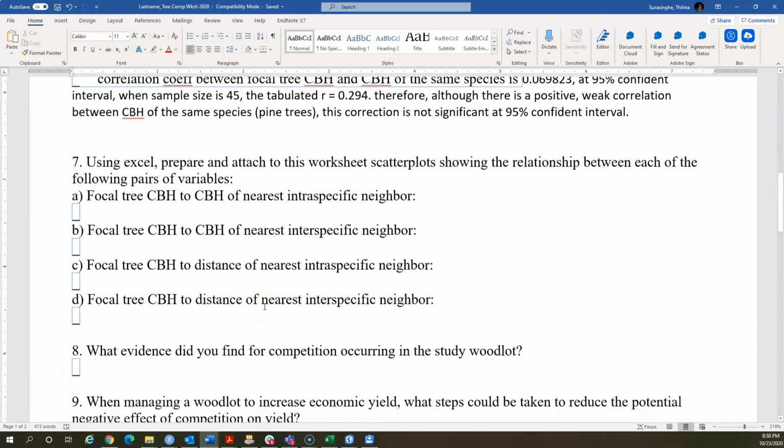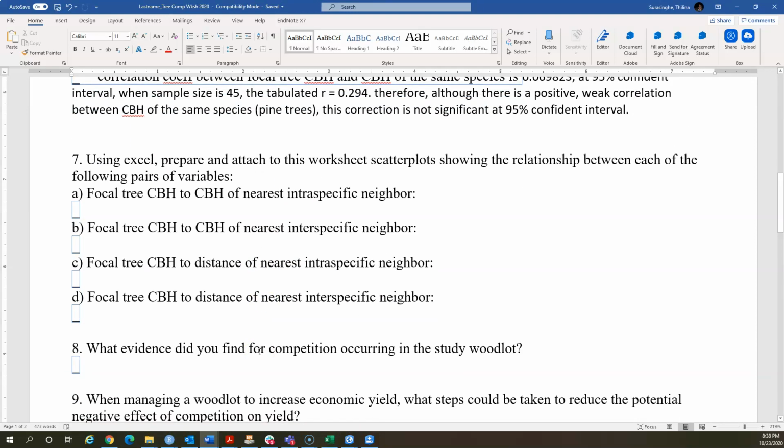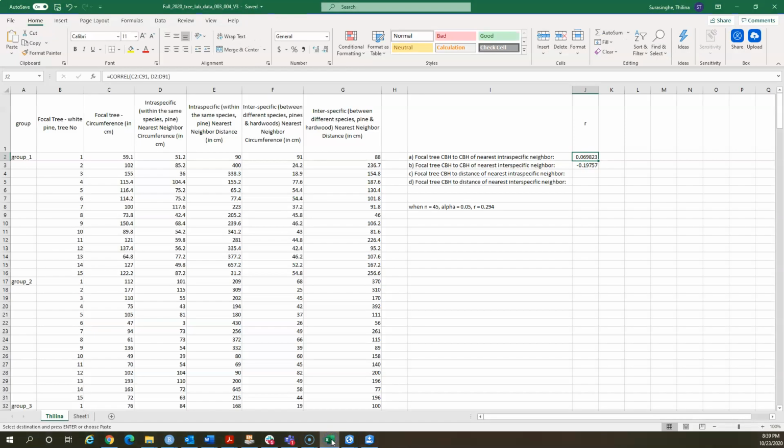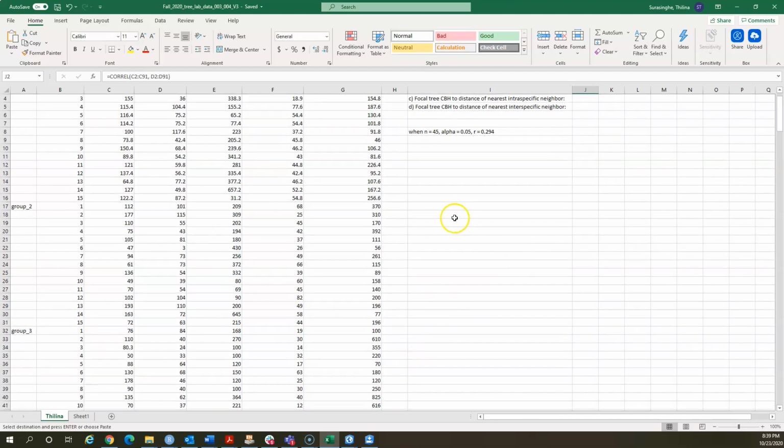Let's look at the next question, question number 7. Using Excel, prepare and attach to this worksheet scatter plots showing the relationship between each of the 4 pairs of variables. Okay, let's go to this Excel sheet and I will show you by a demonstration how to do that.